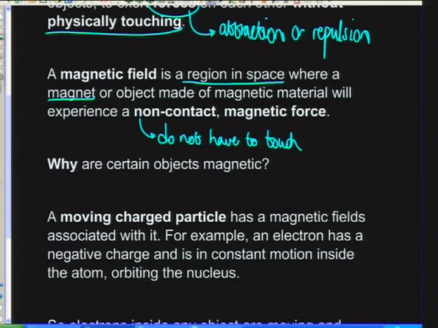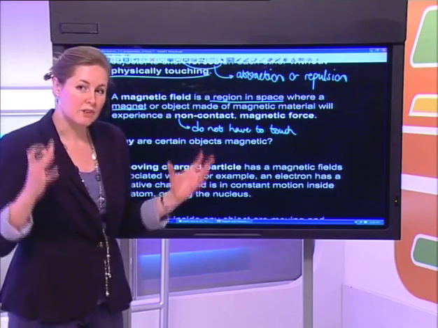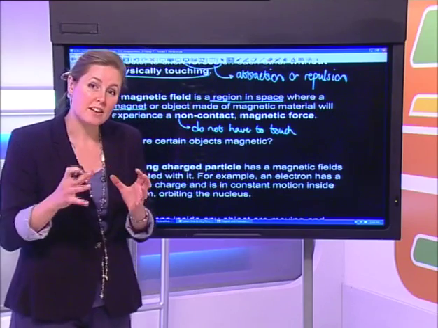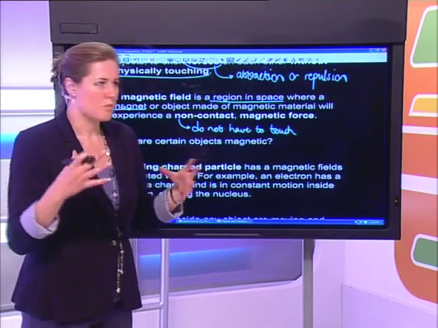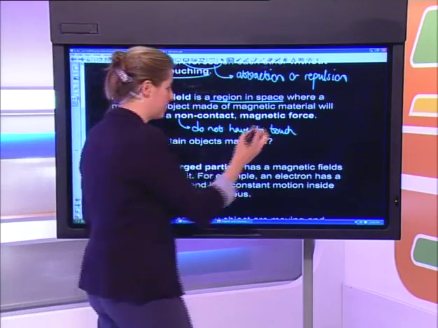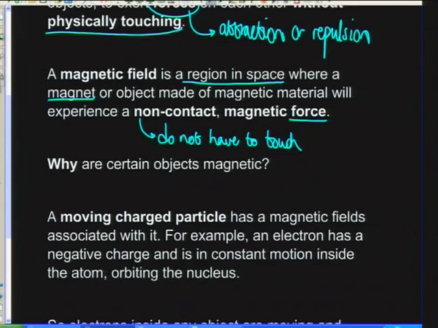Magnetic fields are regions of space surrounding magnetic objects that are able to exert that non-contact magnetic force. So it's a whole area, a region of space surrounding it.